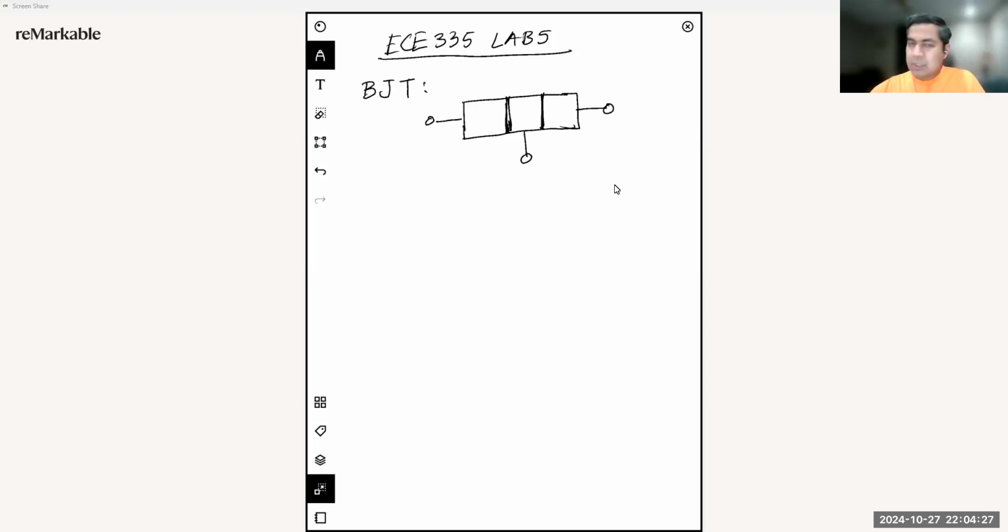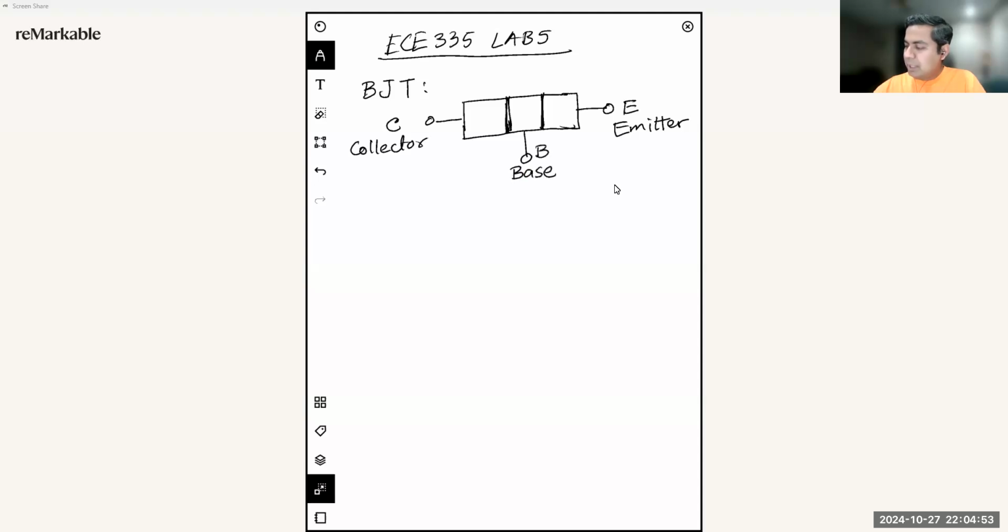So if I want to draw the physical structure, it will have three terminals. Let's say this is the collector, which I'm going to denote with C, and this is the emitter, which we denote with E, and then the middle region is the base.